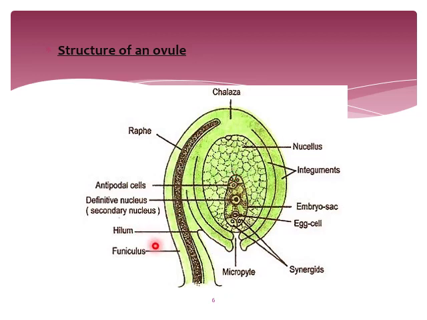Next you can see the third portion, that was funiculus, that is the stalk of the ovule. Then we have here micropyle. As we said, this is the opening in the integument through which the pollen tube enters.